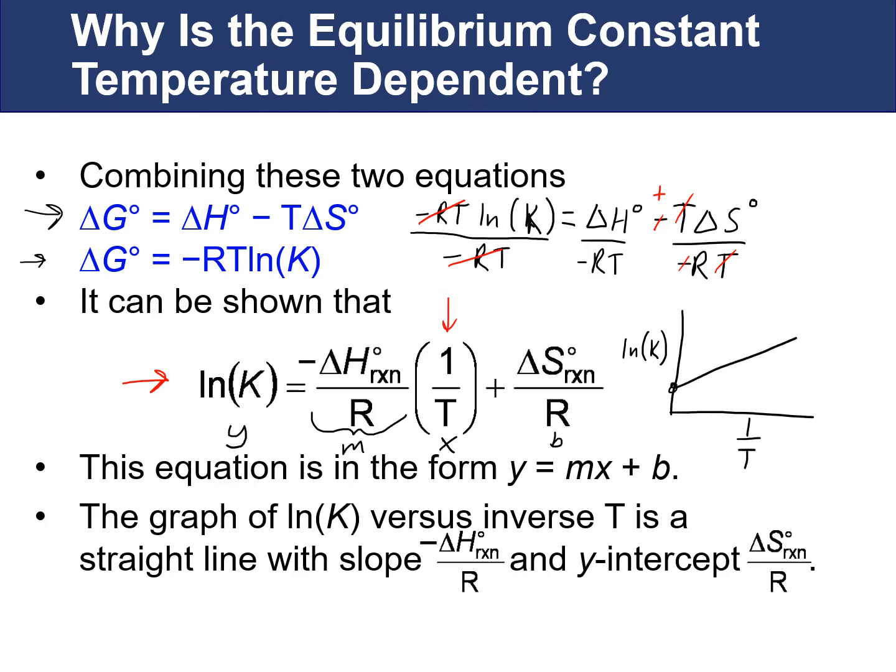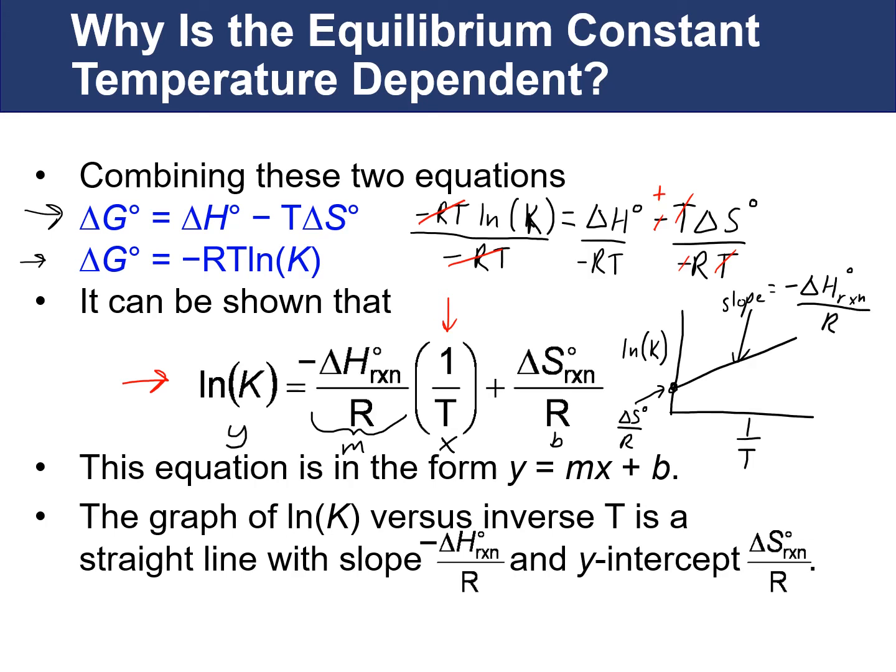The intercept here would be our delta S naught for the reaction over R, and our slope would be equal to minus delta H for the reaction under standard state conditions divided by R.